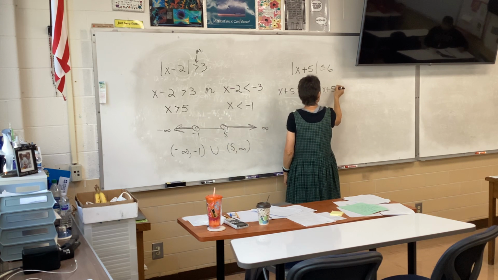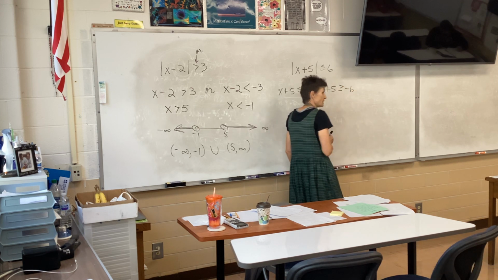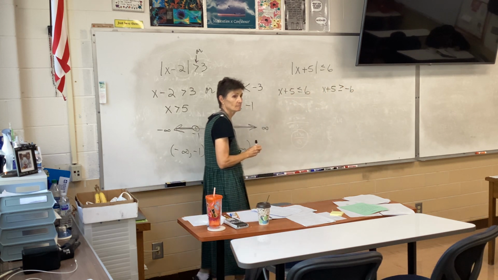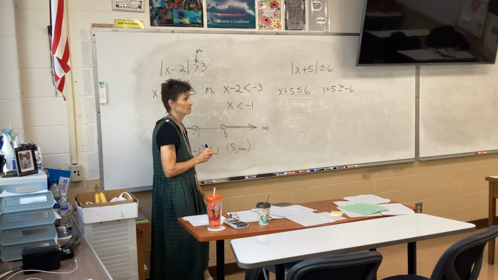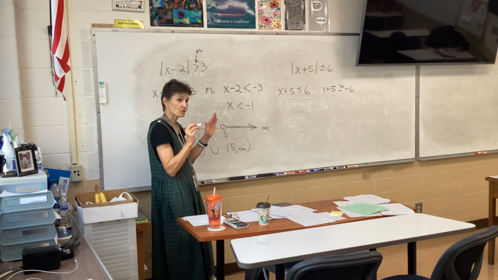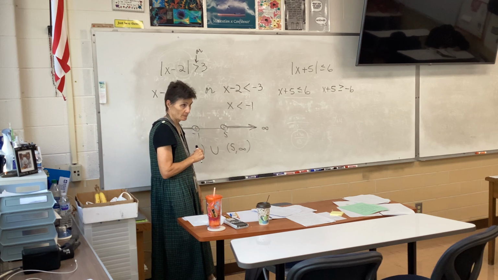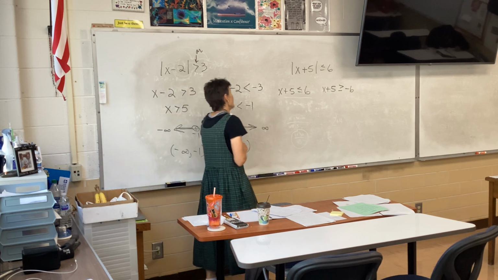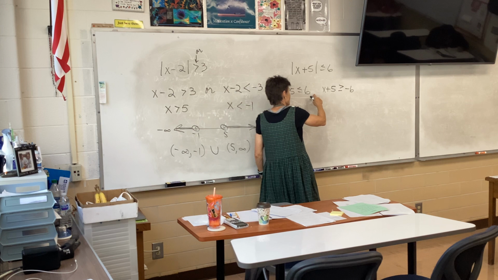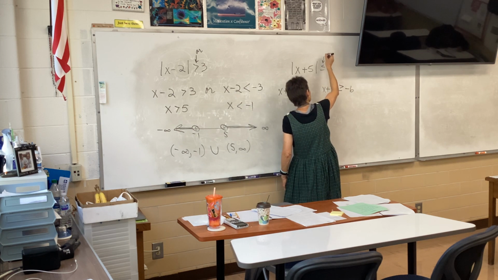X plus 5 is greater than or equal to negative 6. Okay, we good so far? The word in between these two, because this is a less than, is an and.